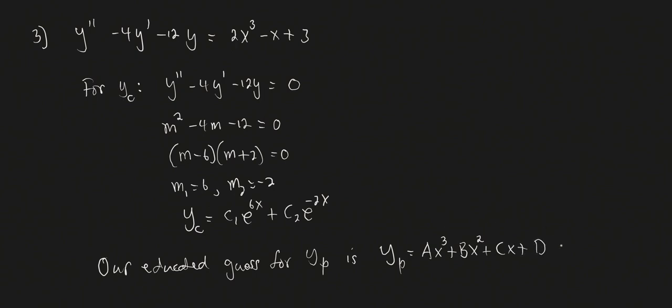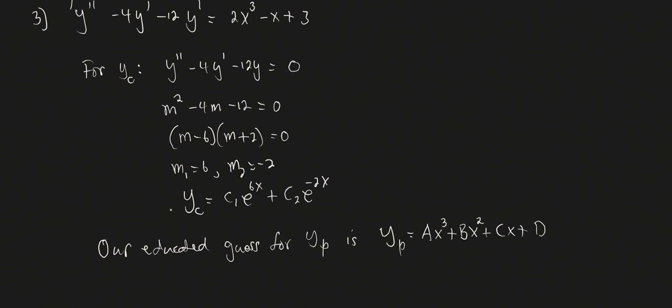So again, what is the general form of a third degree polynomial? It is this, where a, b, and c can be any real number. And what we want is, again, if we define this as our L, our differential operator, then we want L of this to be identical to 2x cubed minus x plus 3.